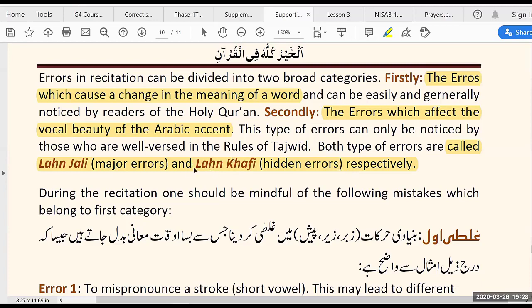Are you sure? I think it's Lahne Jali, because if we prolong the letter, it can be confused with another word, or it can change the meaning. Okay, that's right. It's a major error because it will change the meaning of a word.